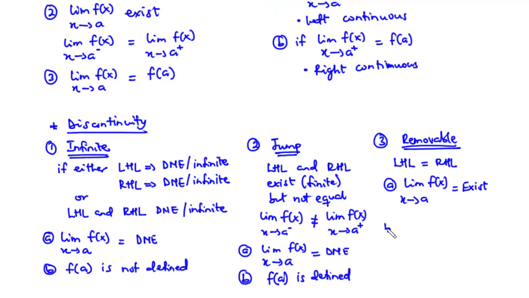However, the general limit is not equal to the functional value, or better still, is not equal to f of a. So basically, this is the introduction to continuity and discontinuity. Now let's move on as we solve a couple of examples.